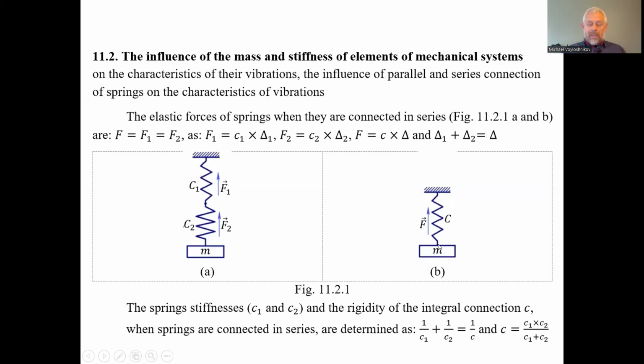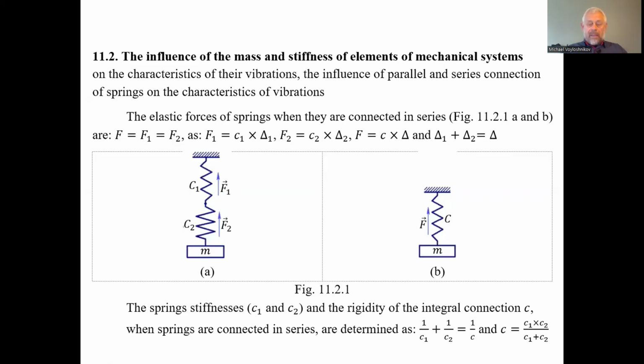So the force of elasticity acting on the load for this equivalent spring is equal to the product of the stiffness characteristic of this equivalent spring multiplied by the deformation of this spring, which is equal to the displacement of the load, the material point of the concentrated load with the mass m.